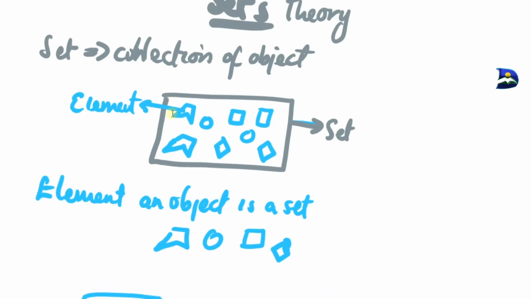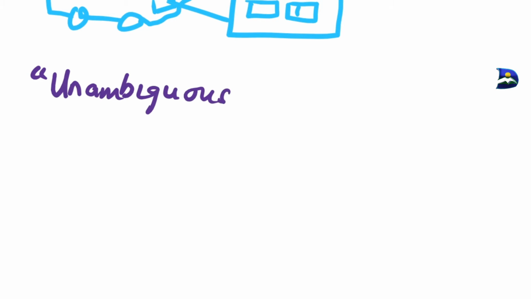The other thing is, when we are defining sets, we need to recognize that when choosing a set, we should try to be unambiguously defined. What does this particular term truly mean? It's quite a specific definition here. Unambiguously defined.